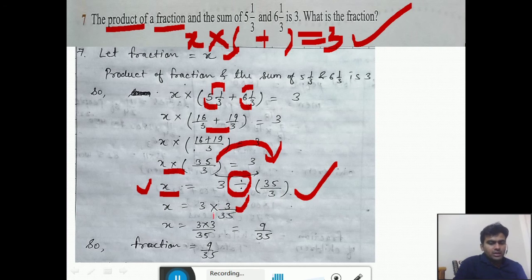Then 35 cannot be divided by this 3 or this 3. So we multiply the numerator 3 into 3. We will get 9 and in the denominator only 35. So our answer is 9 upon 35.